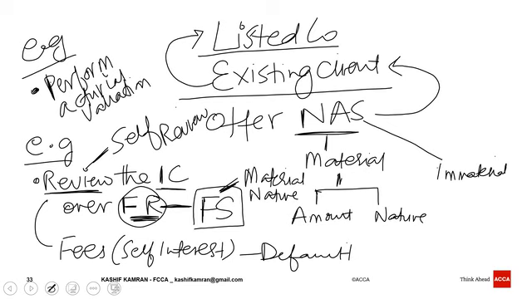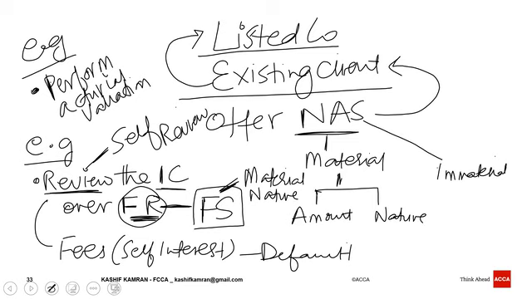Now, if the company is asking you to perform an actuarial valuation, being a listed company, now you know valuation will become a component of a financial statement. If you conduct an actuarial valuation of the employee benefits under IAS 19, the valuation will lead to an impact on the financial statement.